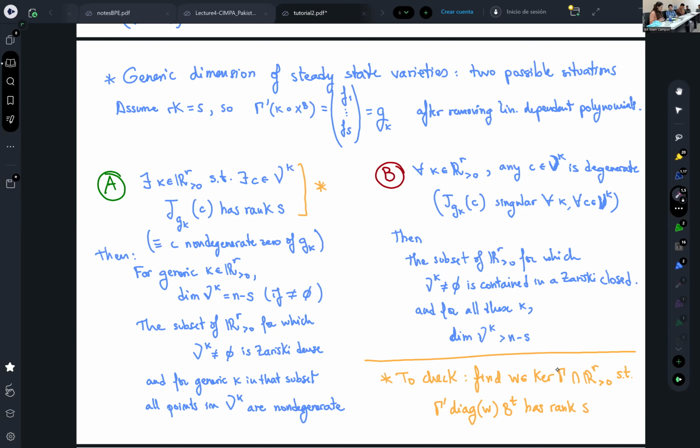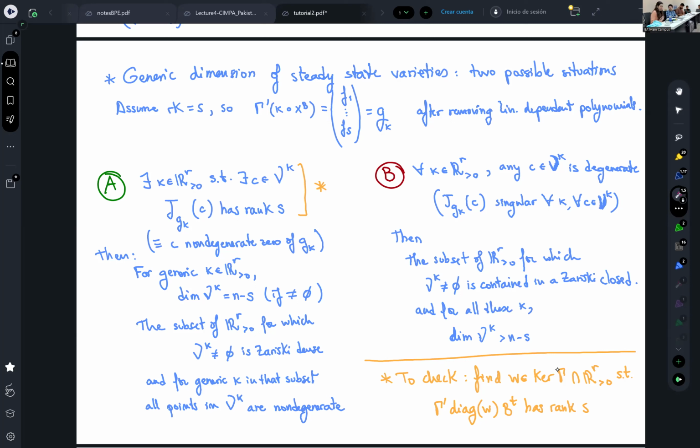This does not mean that there cannot be some case for which there are some degenerate points. But for generic K, and generic K would mean in a Zariski dense subset of R to the R, the positive part of the steady state variety even has dimension n minus s as expected.